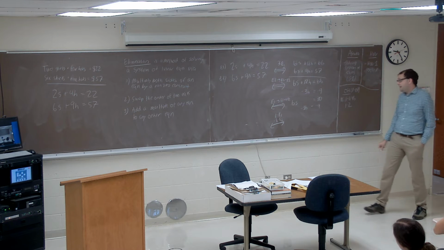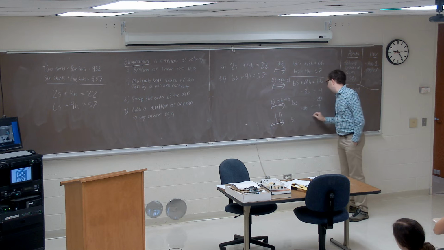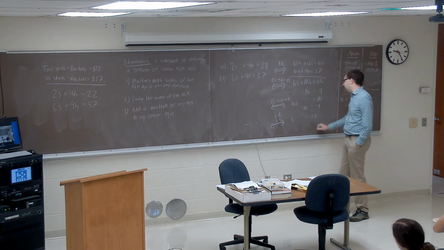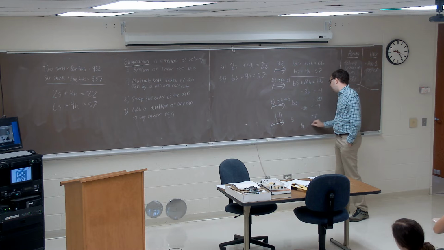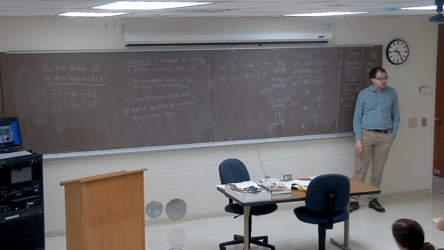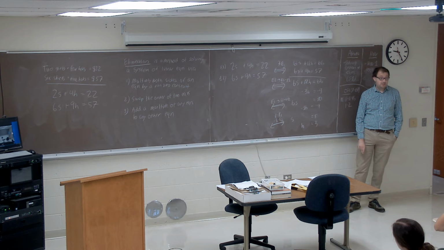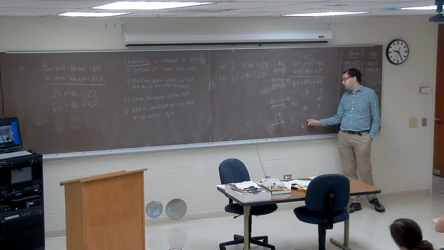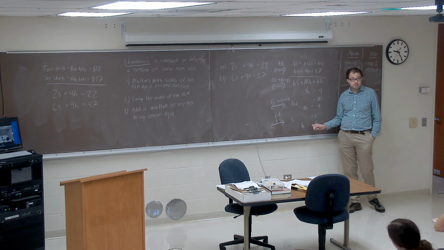Which, for our top equation, will give us s equals 5. And our bottom equation will give us h equals 3. And so it turns out that our original system of equations has the same solution set as a system of equations that is s equals 5 and h equals 3.